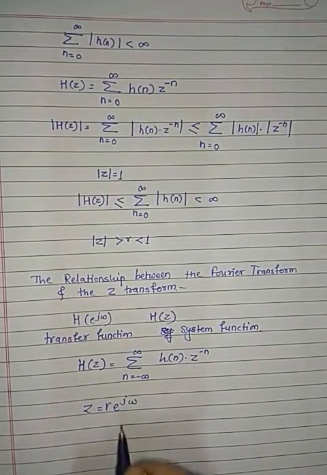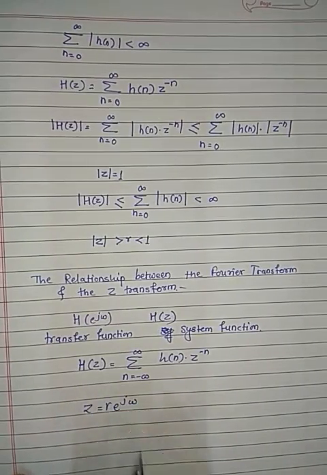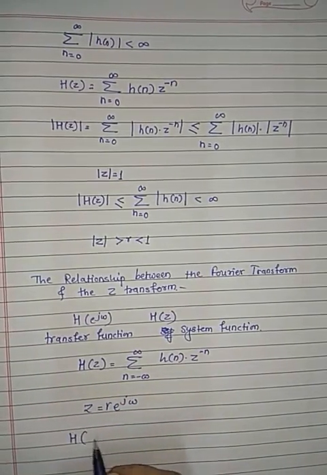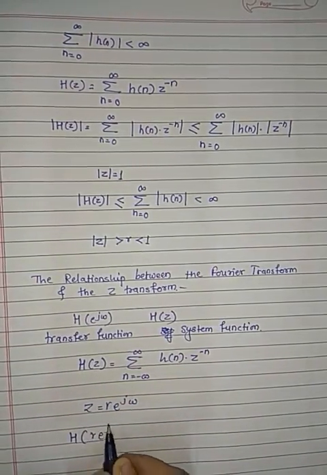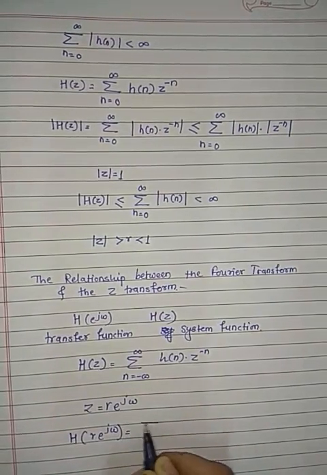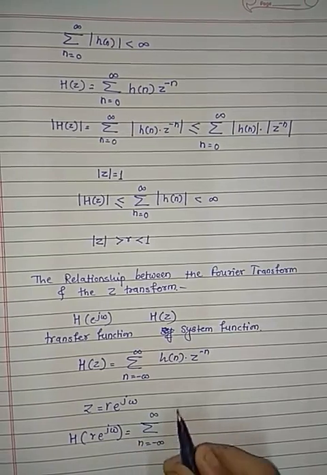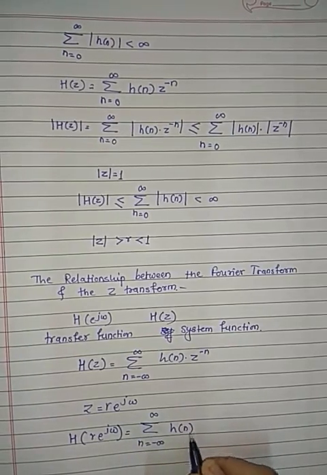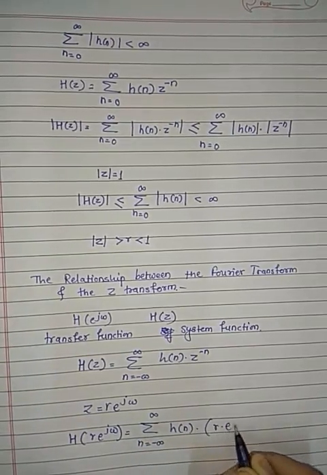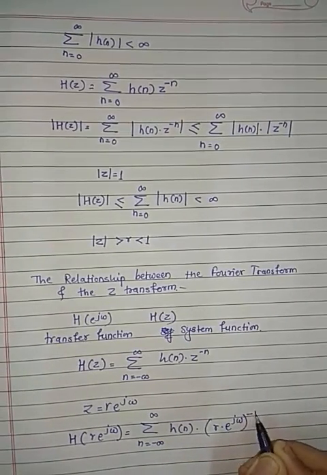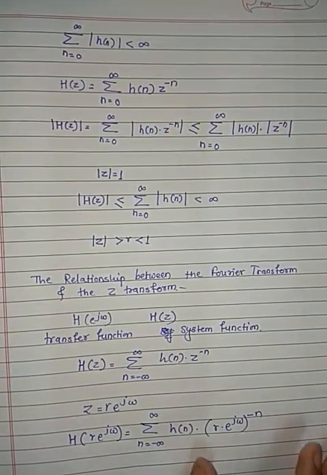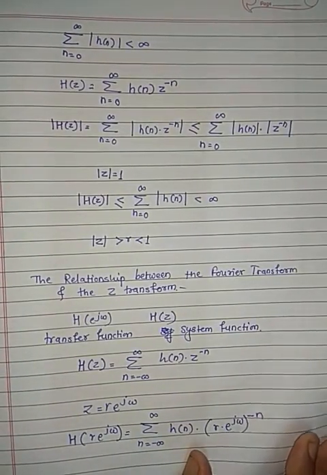Substituting this value in our equation of H of z, we have H of r e raised to j omega equal to summation from n equals minus infinity to plus infinity h of n multiplied by (r e raised to j omega) raised to minus n. So here we have the equation for the Fourier transform.